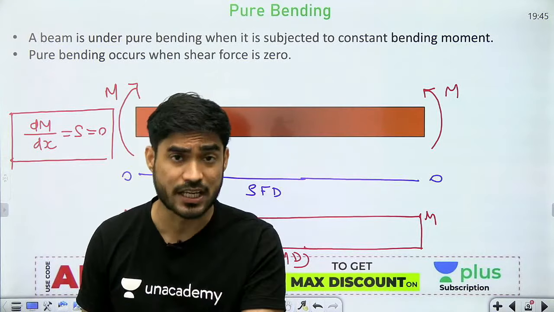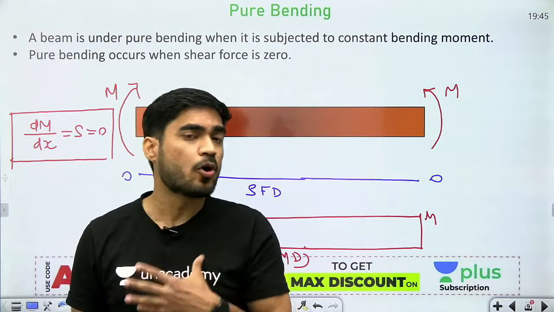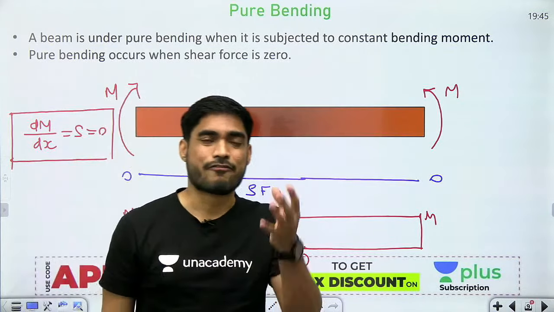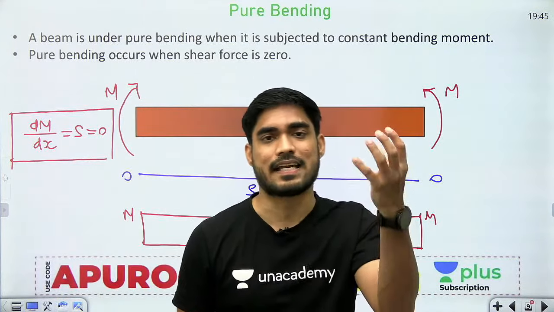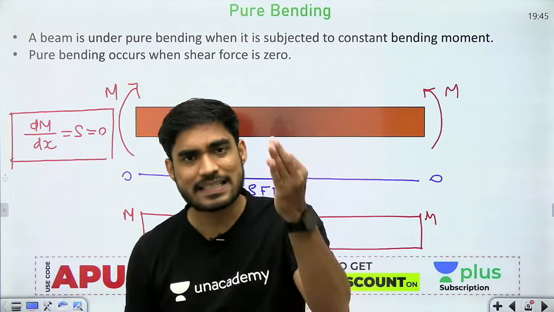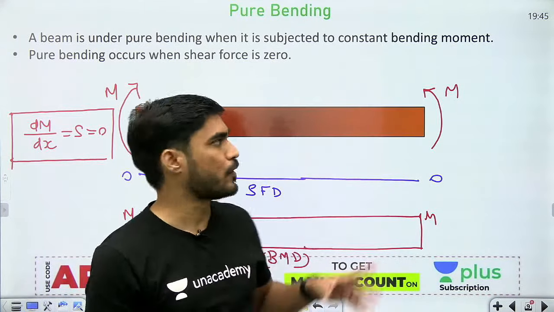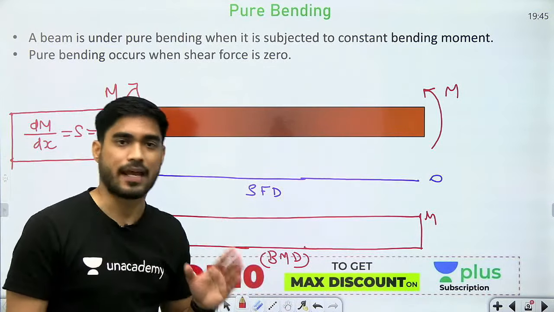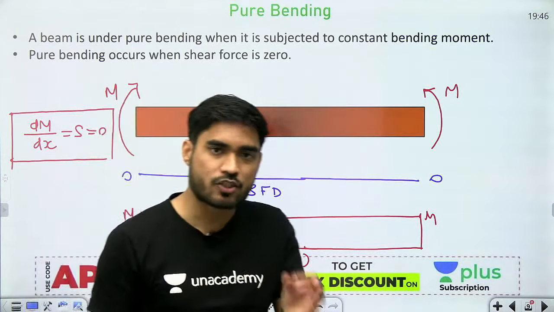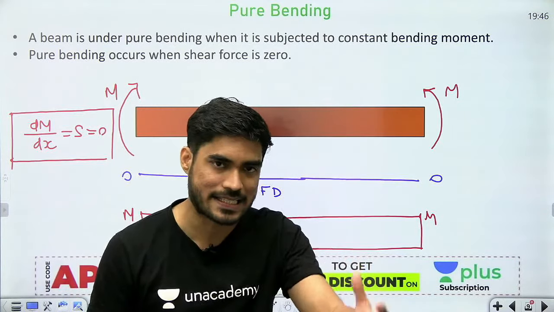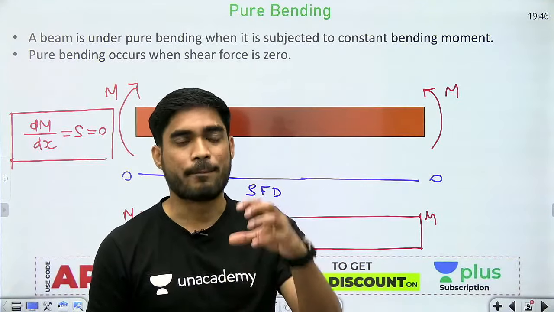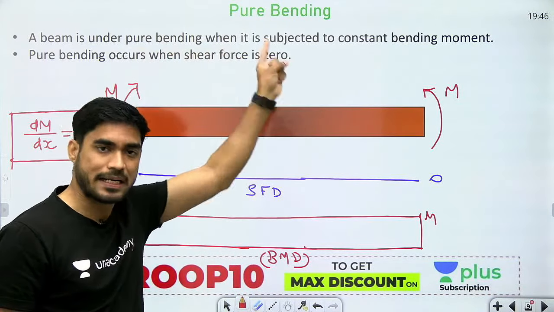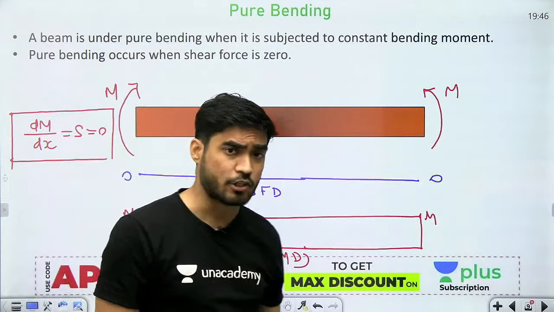It is an assumption which if we don't make, then it will be very difficult to find the bending stress in a beam. बेंडिंग स्ट्रेस निकालने के लिए pure bending assume करना बहुत important होता है. The equation which we use to calculate bending stress is derived based on the assumption that the beam is under pure bending.